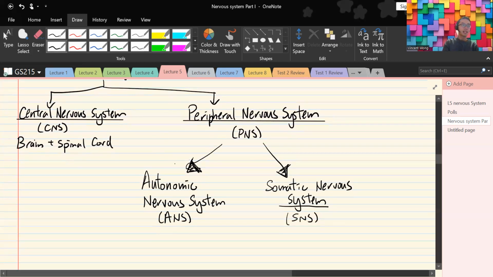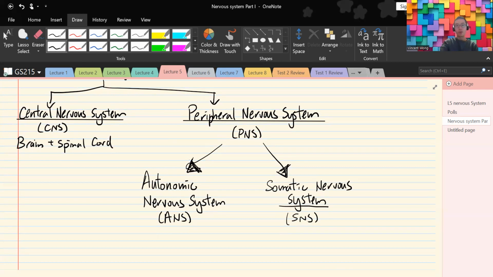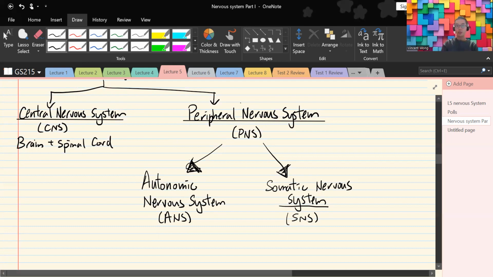Basically, the ANS is responsible for everything that's autonomic, everything that you don't think about, like the beating of the heart, breathing, which occurs without you even having to think about it, and digestion of your food.